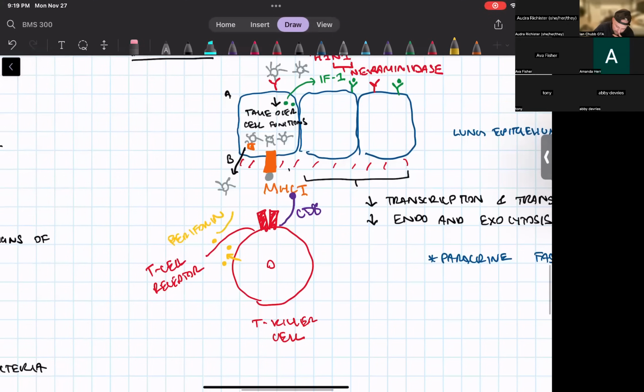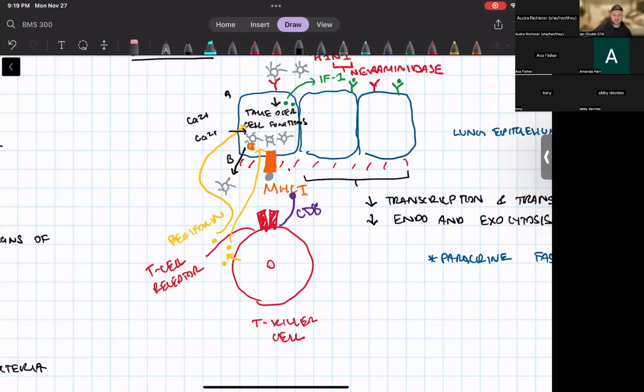Perforin is going to be a molecule that will directly perforate the cell membrane, and when it perforates the cell membrane, it's going to allow calcium to enter the cell. Because the calcium gradient is higher outside the cell than inside, calcium is going to want to enter the cell anyway.